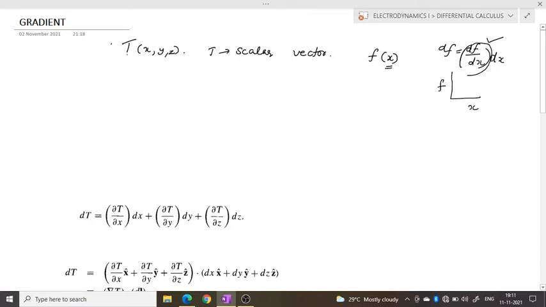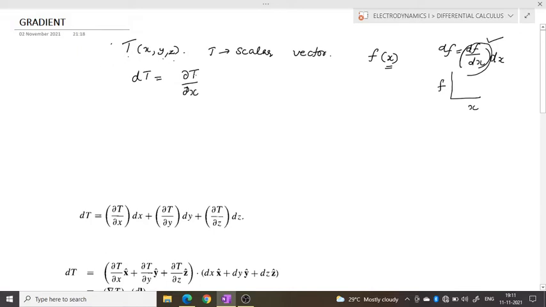Now if we have a function t such that it varies with x, y and z, what will be the value of dt? So dt will be equal to the variation of t along x direction. We write it as dou t by dou x, which is called the partial derivative.